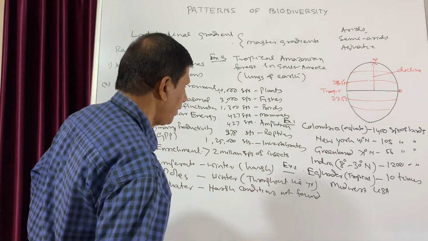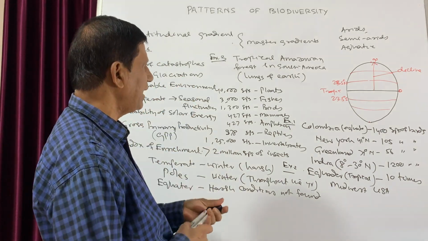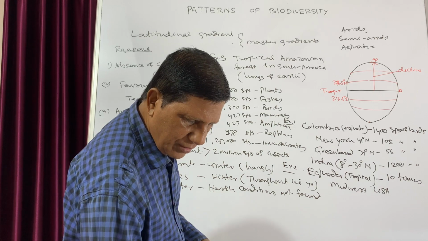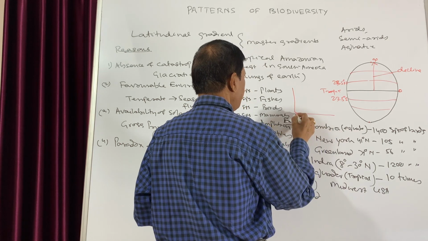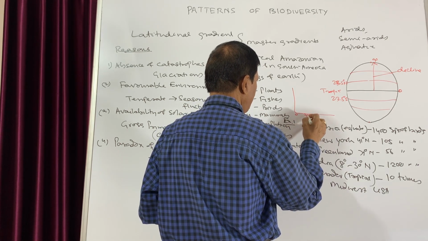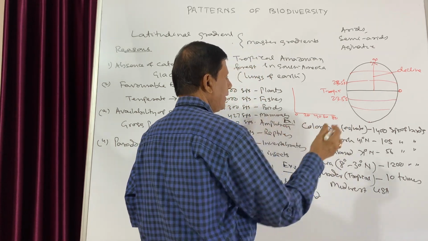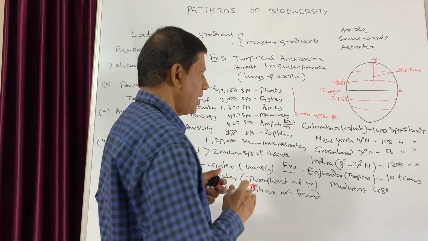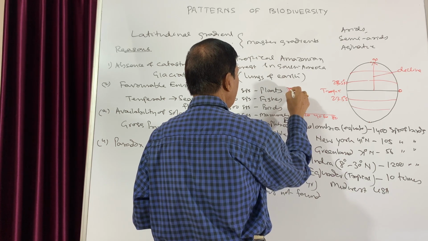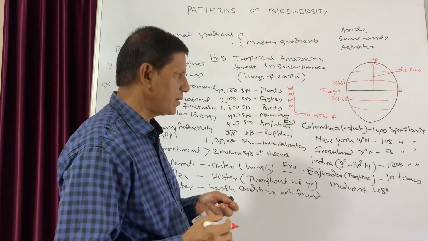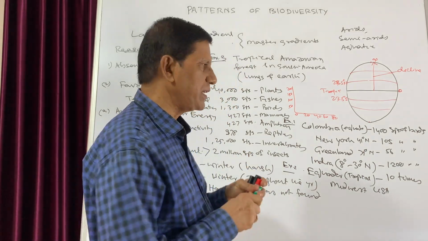Now let us discuss the other one. Again, we can also find in this latitudinal gradient, if I draw another graph here, this is 0 and this is 20, 40, 60 and 80. That means this is the latitude. And if this side is 50, 100, 150 and 200, the number of species, then it is found that there is a decline in the ant species.